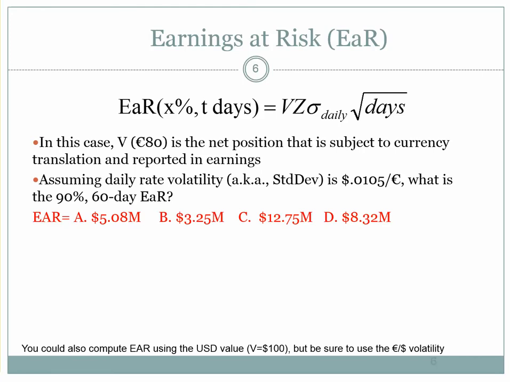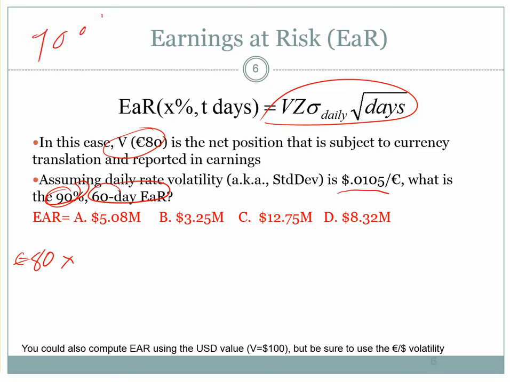So let's look for a 90% 60-day EaR of the position of an 80 million euro asset where the exchange rate is 1.05 dollars per euro. So just plugging in the values for my EaR, I would take my 80 million euros. Now the Z, if we want a 90% EaR, that's a Z of 1.28.